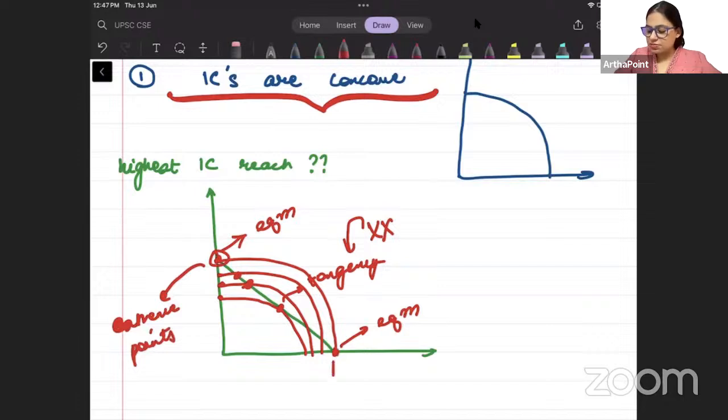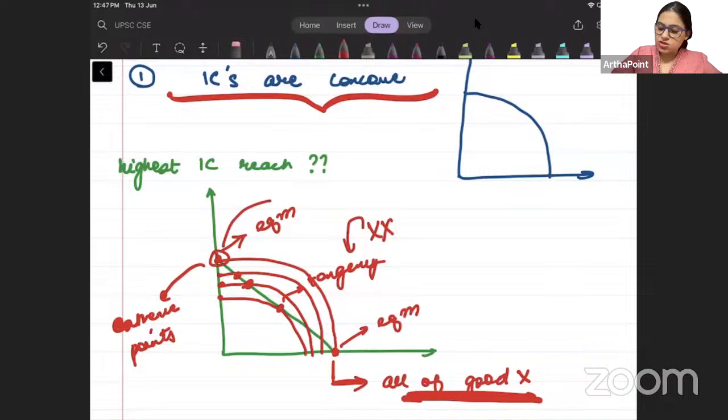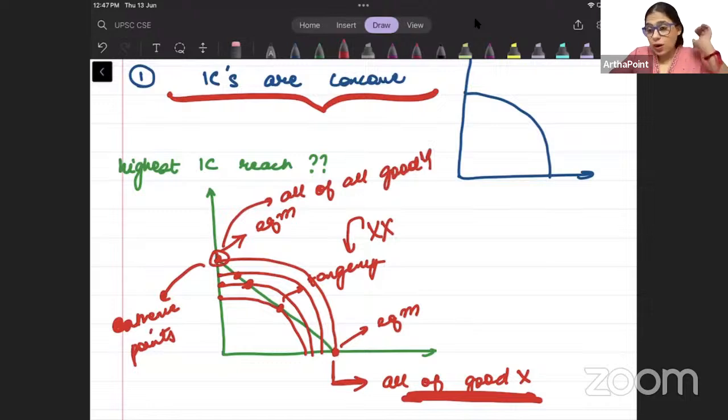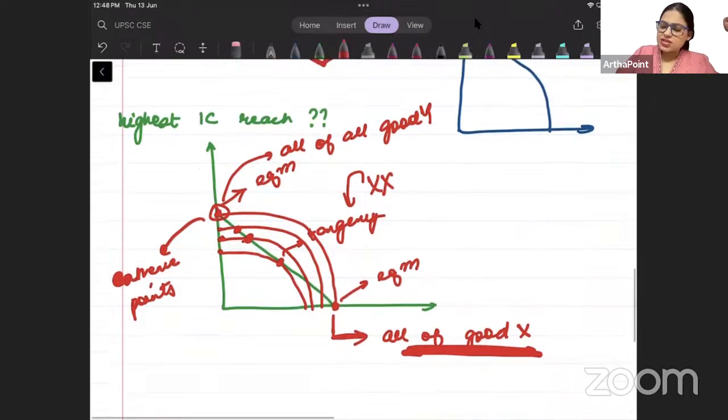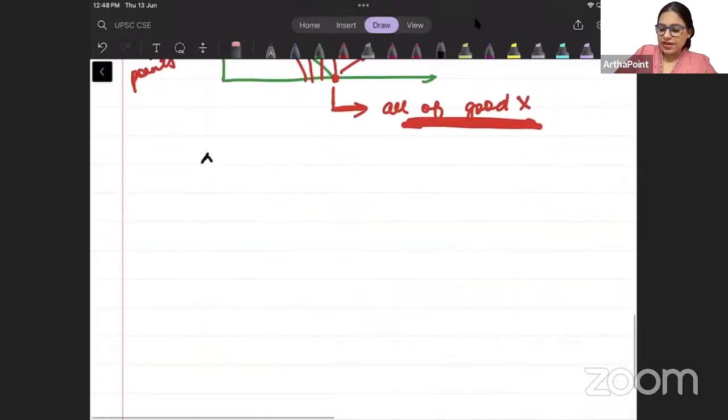This point is telling me, if you remember, that I am consuming all of good X. मैं सिर्फ good X consume कर रही हूँ. And this point was telling me that I am consuming all of good Y. So try to understand that in this case, our equilibrium is not at the point of tangency. Similarly, books will show you a diagram like this.